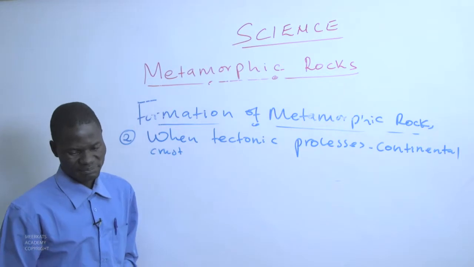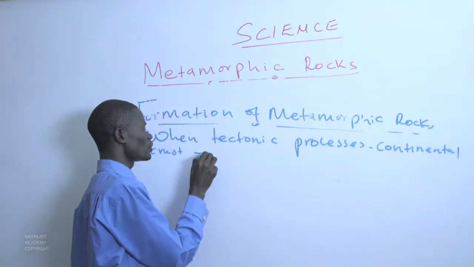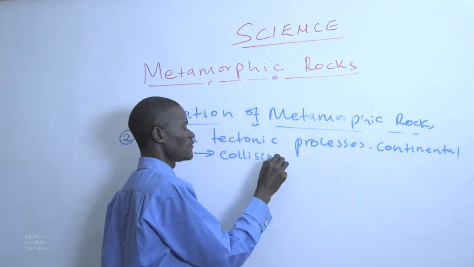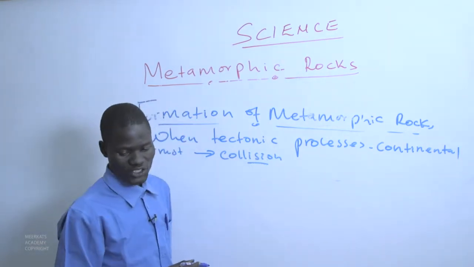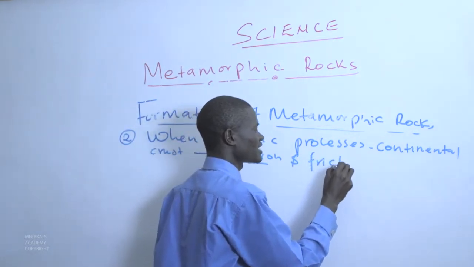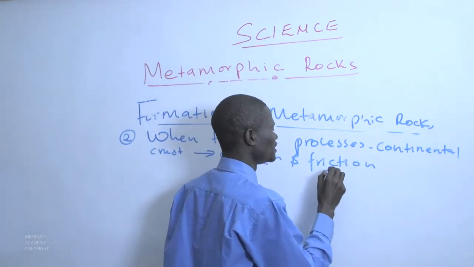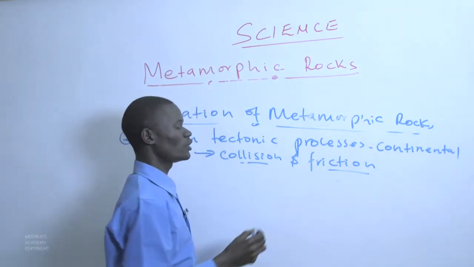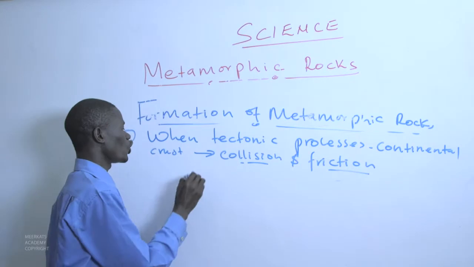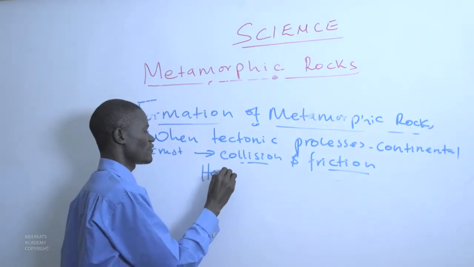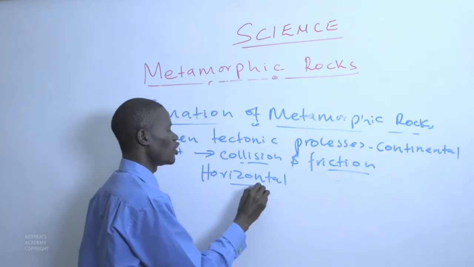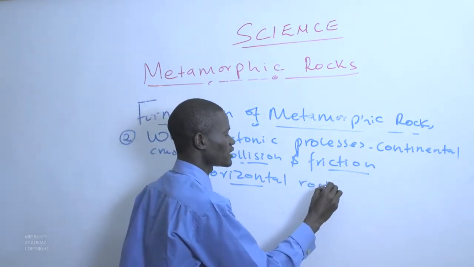What will happen? This will cause collision. The forces will cause collision and friction. Friction and collision will relatively generate pressure on horizontal rock surfaces.